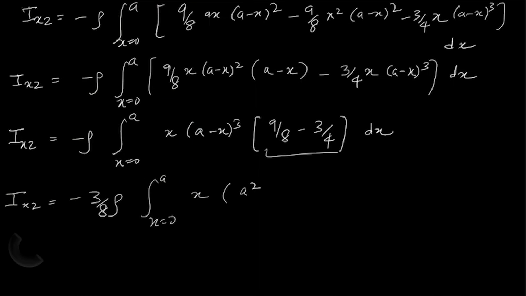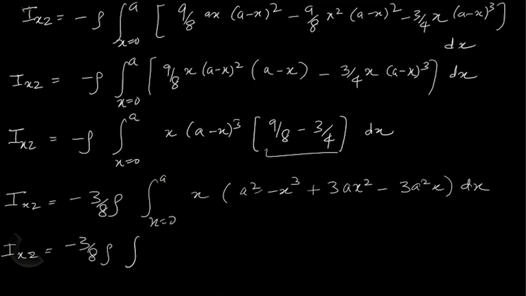So let's open this whole cube: a cube minus x cube plus 3a x square minus 3a square x. So this is dx. Now let's multiply this whole cube term with x. This is 3 by 8 rho integral 0 to a of a cube x minus x^4 plus 3a x cube minus 3a square x square, then dx.